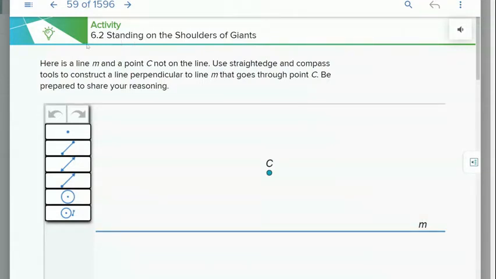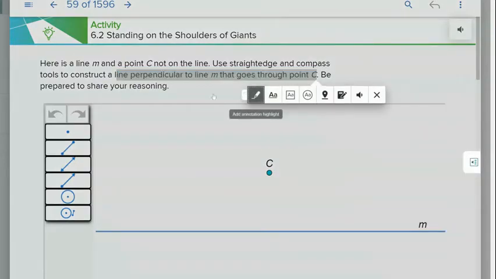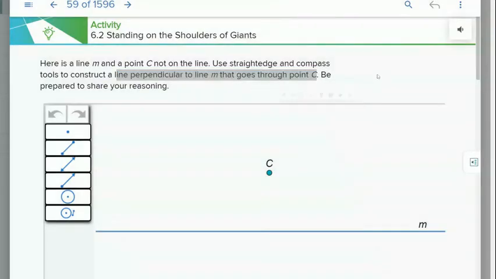What they want us to do is they basically say, here's line M, here's a point C that's not on the line, okay? They said to use a straightedge and compass to construct a line perpendicular to M that goes through point C. So we have to meet that criteria.